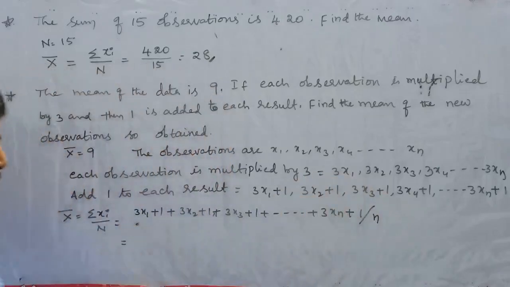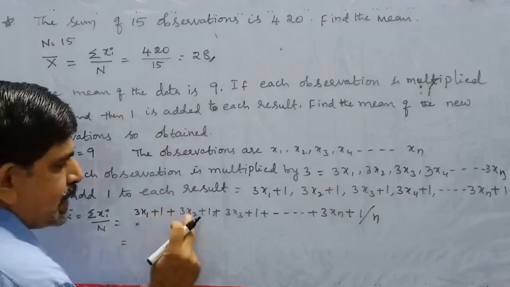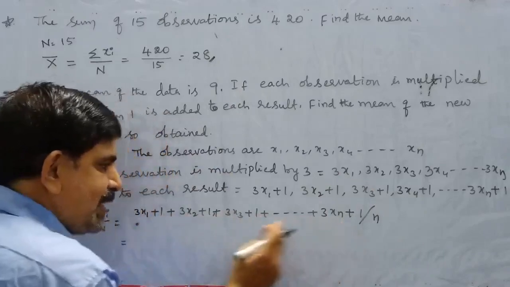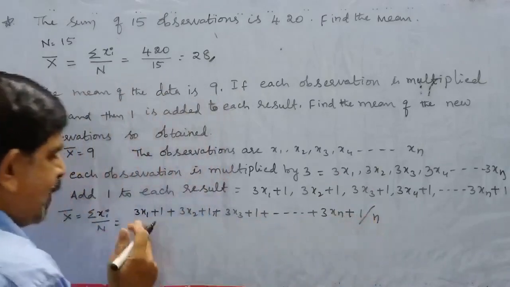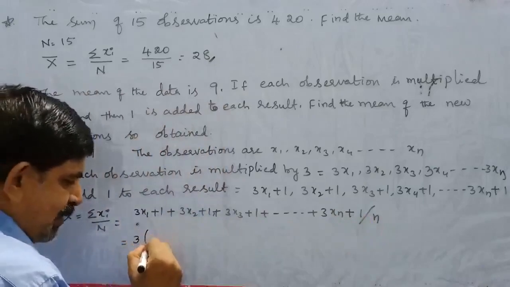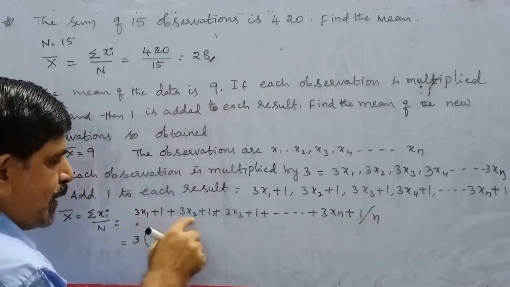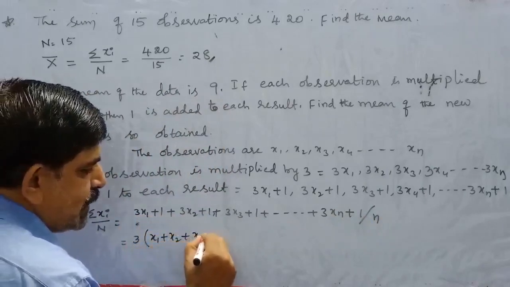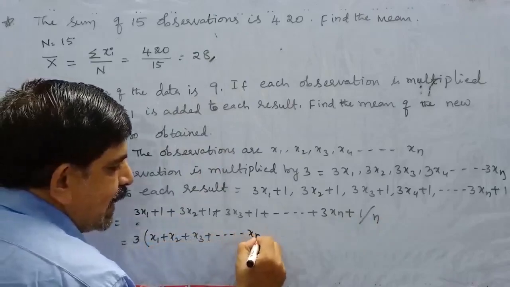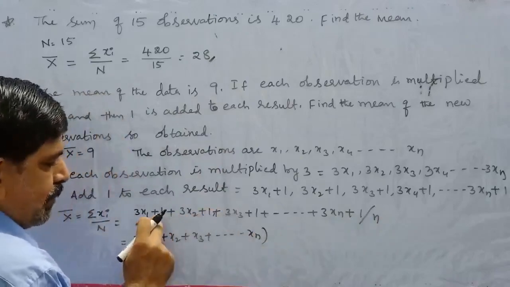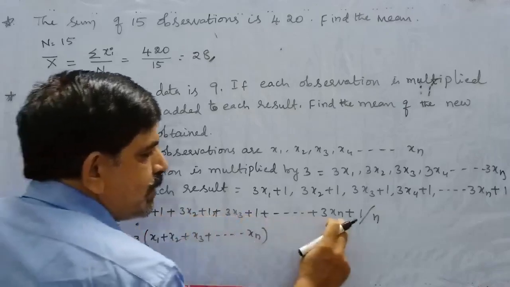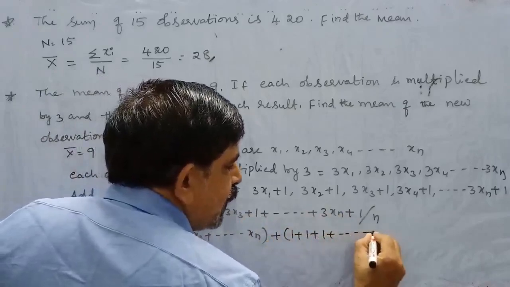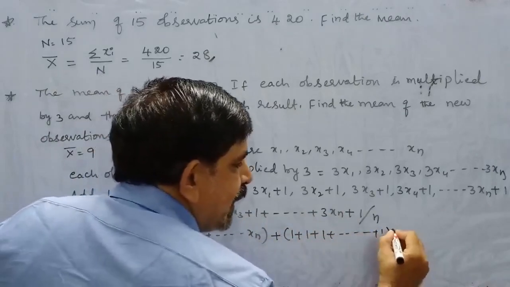Now here 3x1 plus 3x2 plus 3x3 plus and so on 3xn, in these 3 is the common factor. So I am taking out 3 as common, then x1 plus x2 plus x3 plus and so on xn. Next, the remainders: 1 plus 1 plus 1 plus and so on plus 1. How many times? n times.